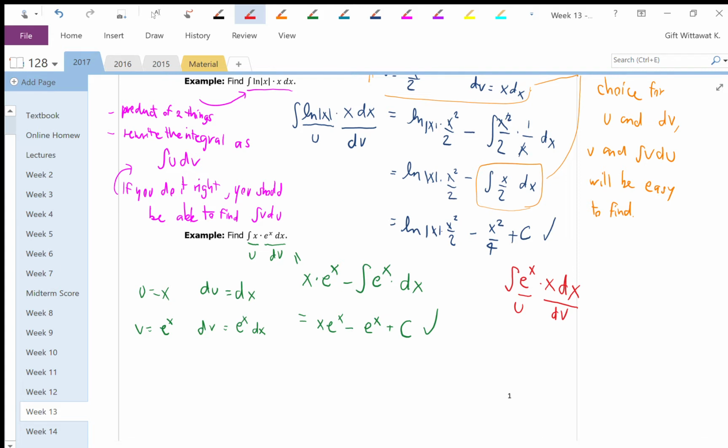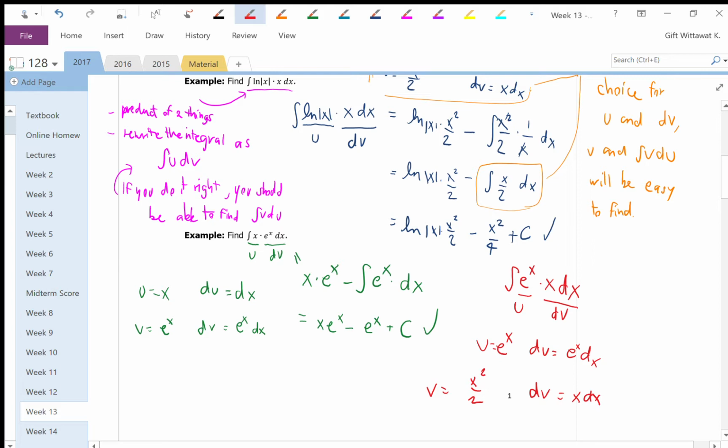Let's see what's going to happen here. So my u is e to the x. My du is then e to the x dx. So far so good. My dv is x dx. So that means my v is going to be x squared over 2. The integral of x is x squared over 2.